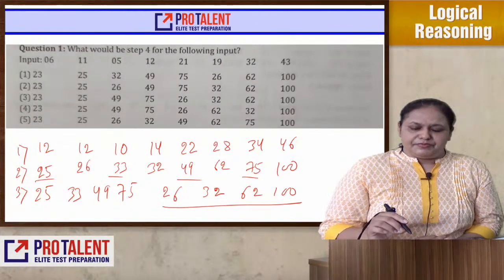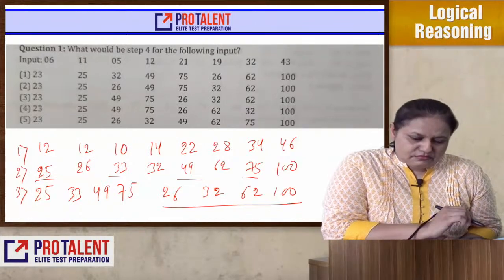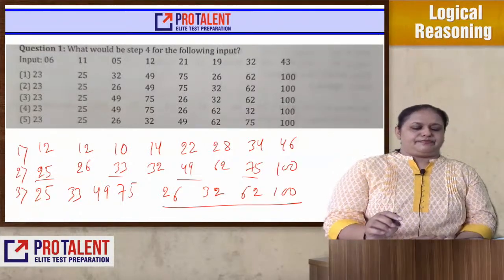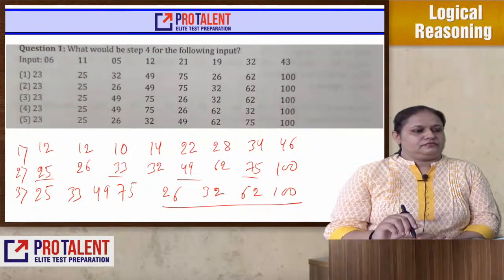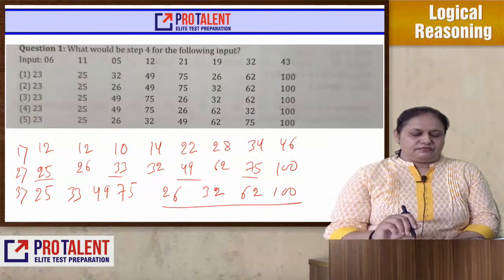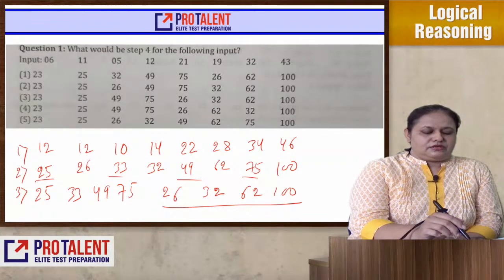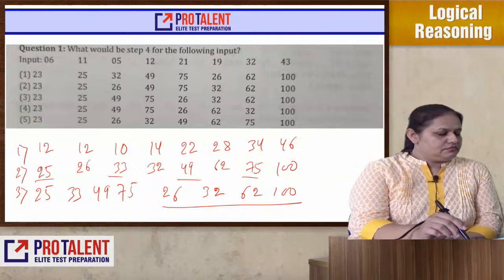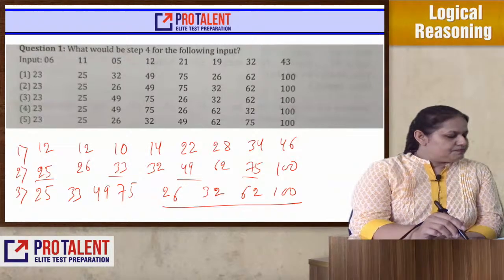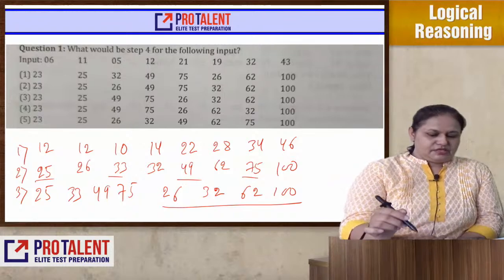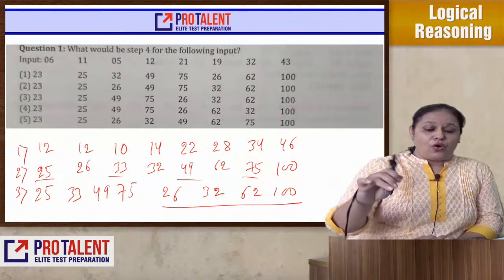So which option would be the answer then? Which step would be the step 4? Step 3 number will be 23. Just a moment. 24. 12, 25, 26. Oh.